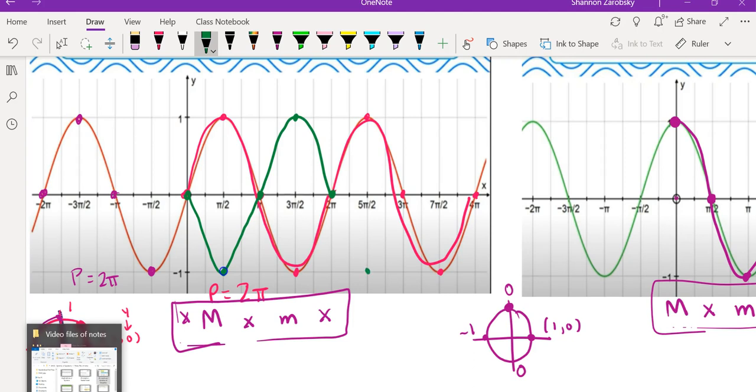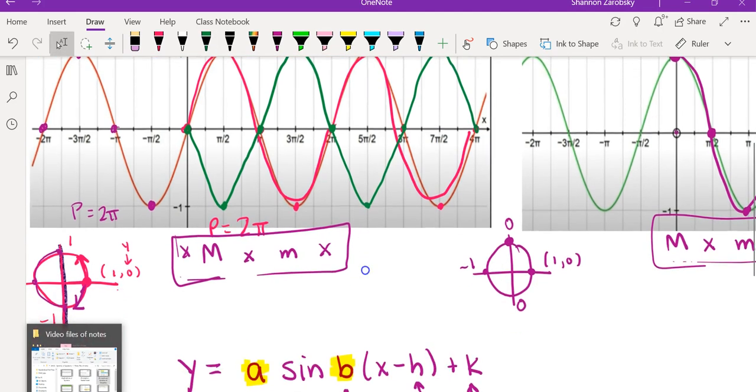So then I'm going to go down, and then back to 0, and then I'm going to go up, and then back to 0. So it's a reflection of what the original looked like. So instead of maximum, minimum, these two just switch places when I have a less than 0.